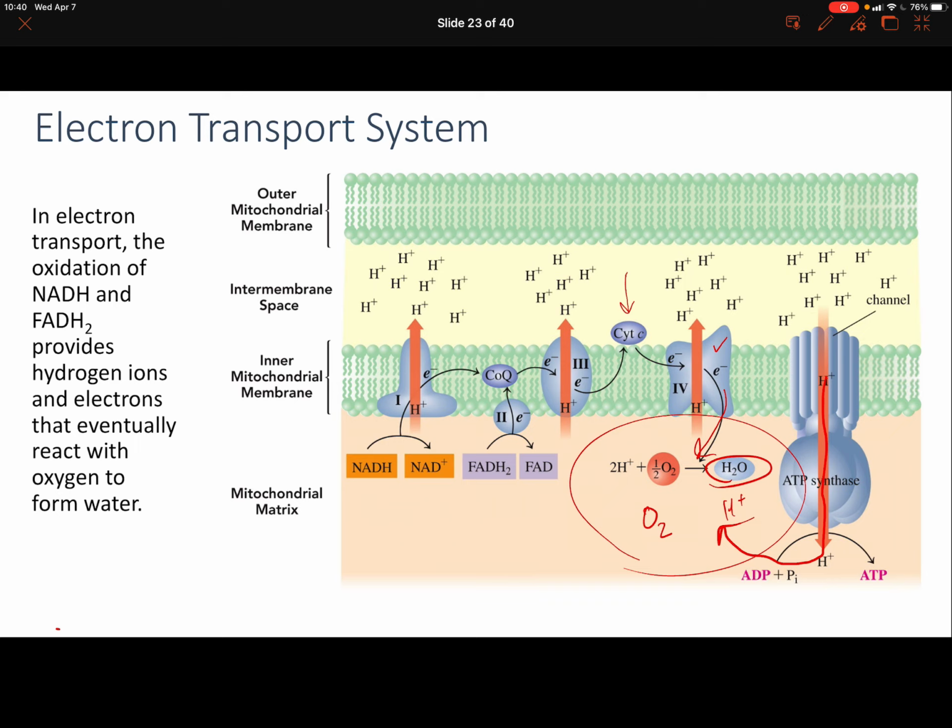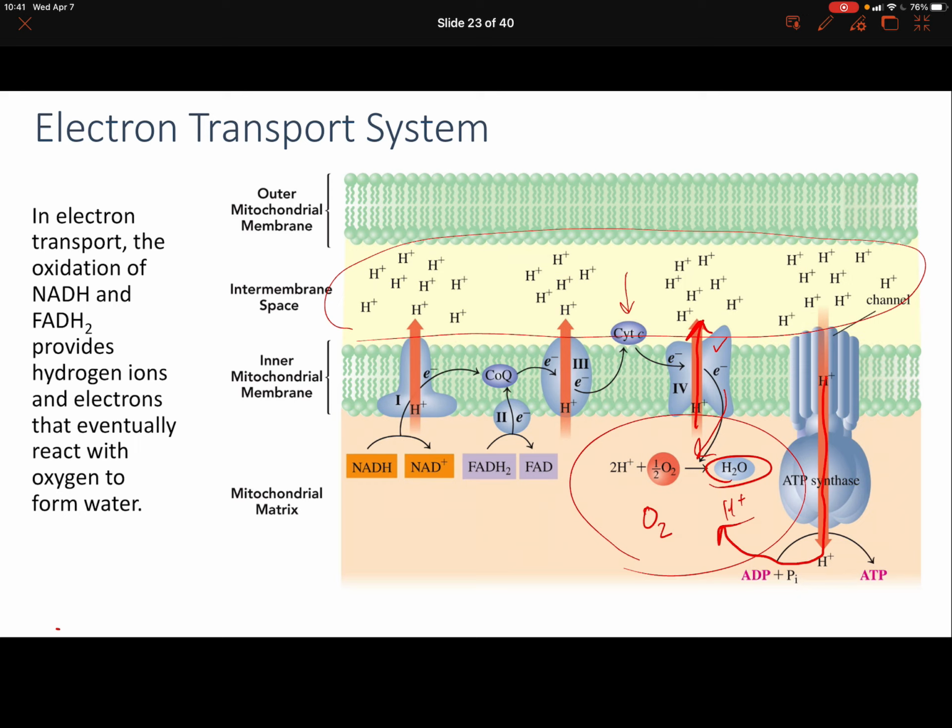All of these electron transfers, again, one more time, pump some hydrogens across the inner membrane space. And so now we have our built up hydrogen ions. And then the energy from these hydrogens is used to finally drive ATP synthase, which is complex 5. We'll talk about that one in just a second.